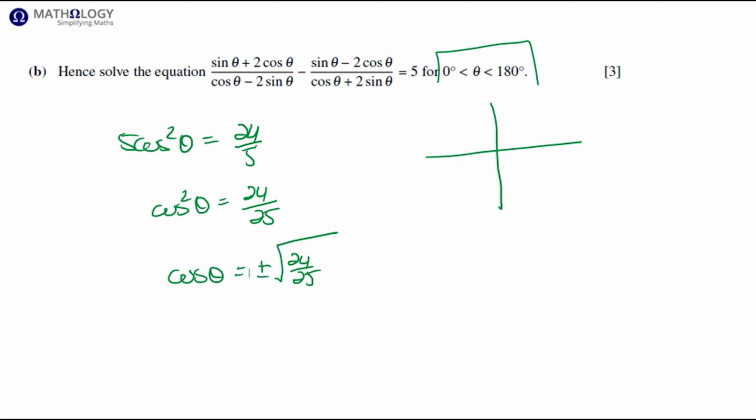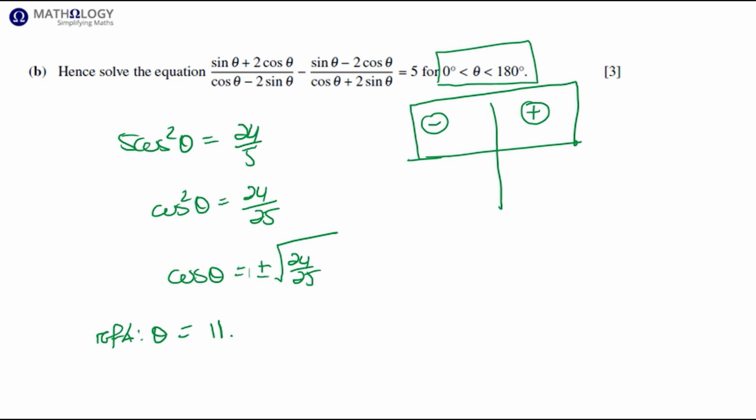the domain is theta lies between 0 and 180 degrees. Cos is positive in the first quadrant and it's negative in the second quadrant. We're only looking at these two quadrants because that's the domain 0 to 180 degrees. So the reference angle will be theta equals shift cos root 24 over 25. So theta is 11.54 degrees.